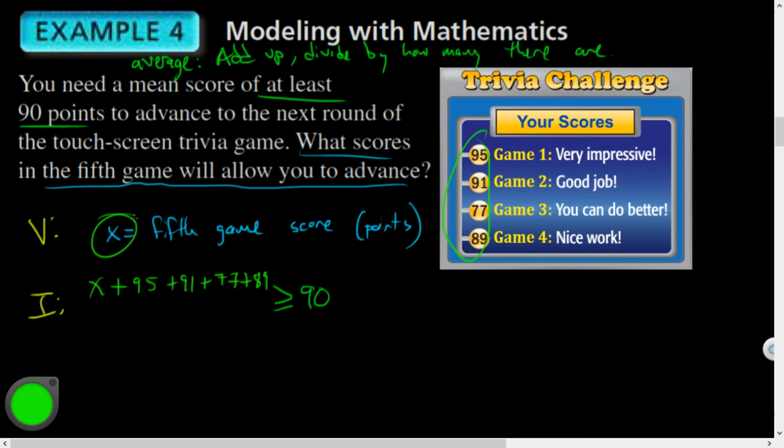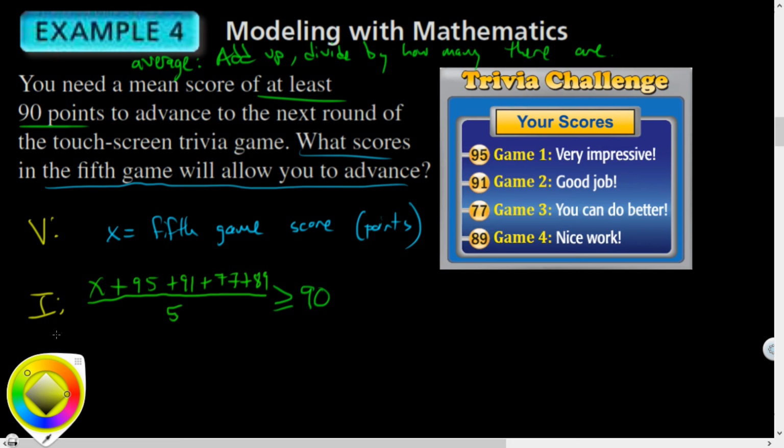And to find an average, I add them all up and then divide by how many there are. How many games am I playing? 5. Well, there's 4 games, but I'm then playing a 5th. And I want the average, including my 5th game, to be at least 90.